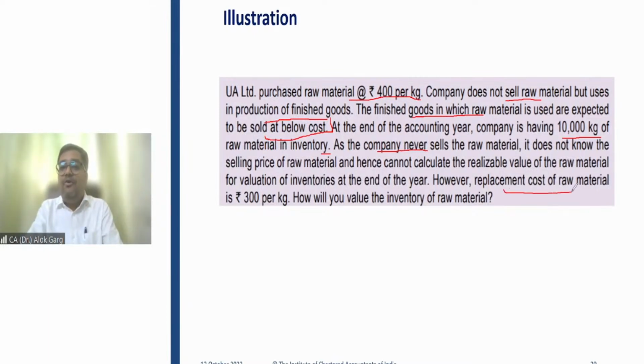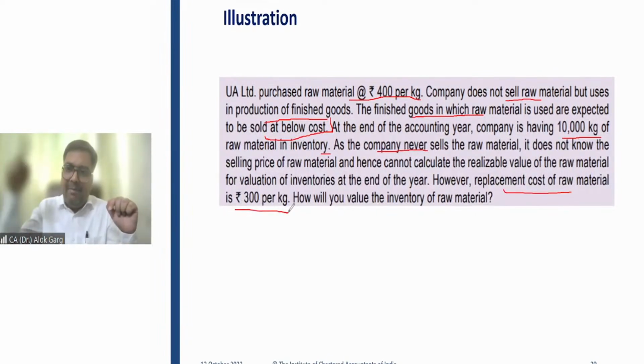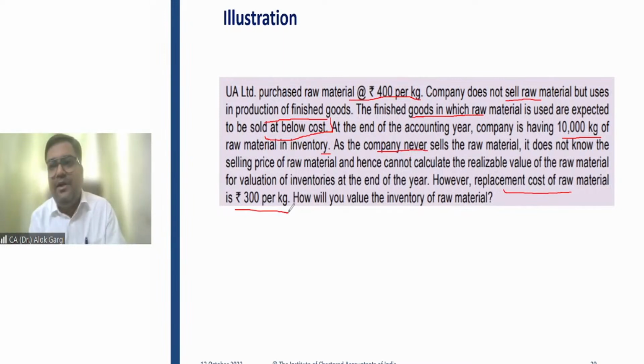However, the replacement cost of raw material is 300 rupees per kg. If today the company goes and buys this material or a substitute, the cost is 300 rupees per kg. So 10,000 multiplied by 300 is the value of the raw material, right?